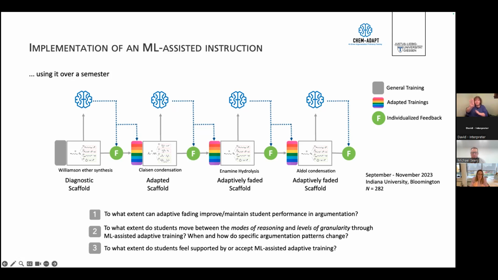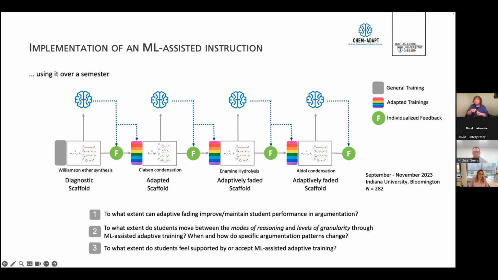Or are there some sort of difficulties that decrease students' performance longitudinally over the semester? And also maybe more of that emotional, affective side: to what extent do students actually feel supported by such machine learning based instruction? These are all the things that we are going to look into this year.